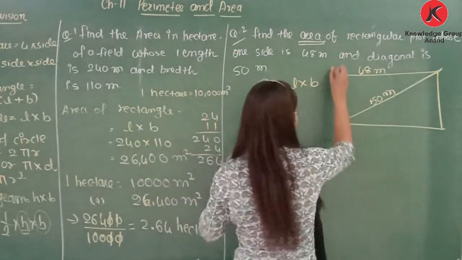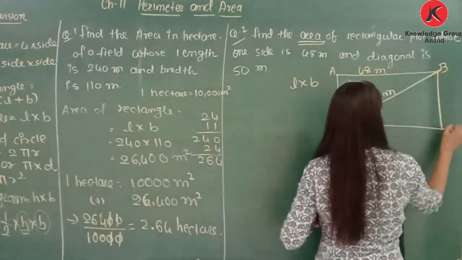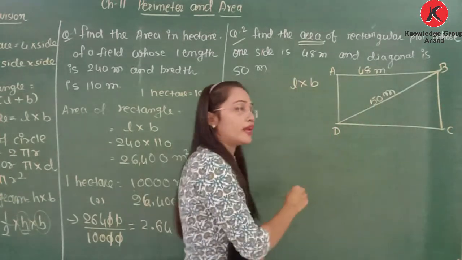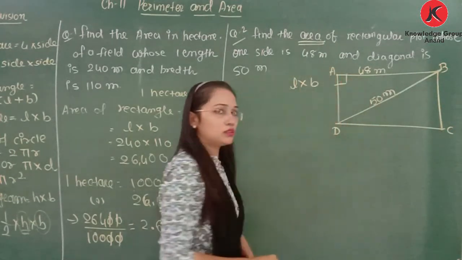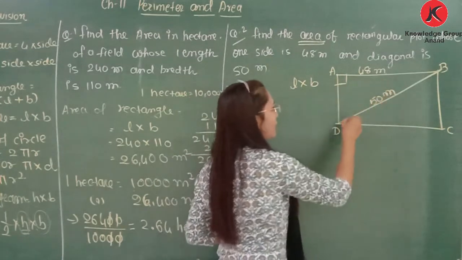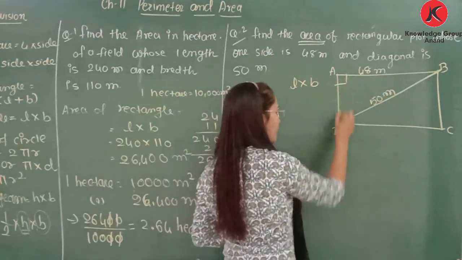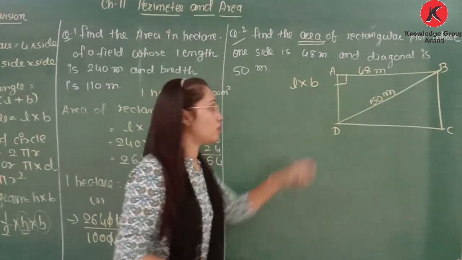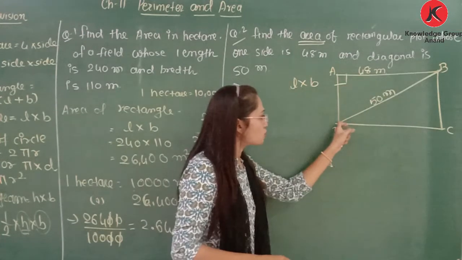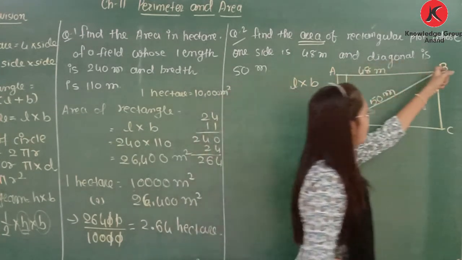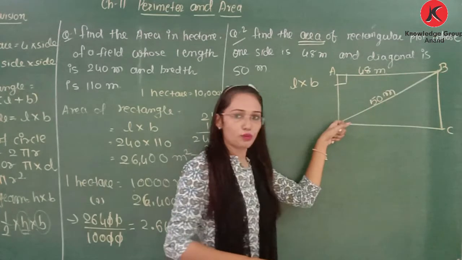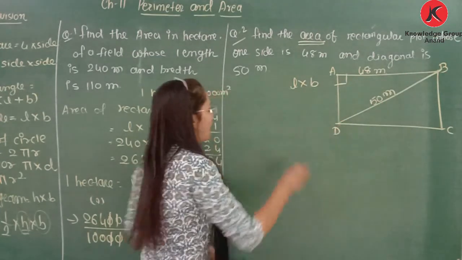Let's consider this as ABCD. Now this is a right angle triangle. So in triangle ABD, we can find AD using the Pythagoras theorem because it is a right angle triangle. So AD square plus AB square is equal to BD square.